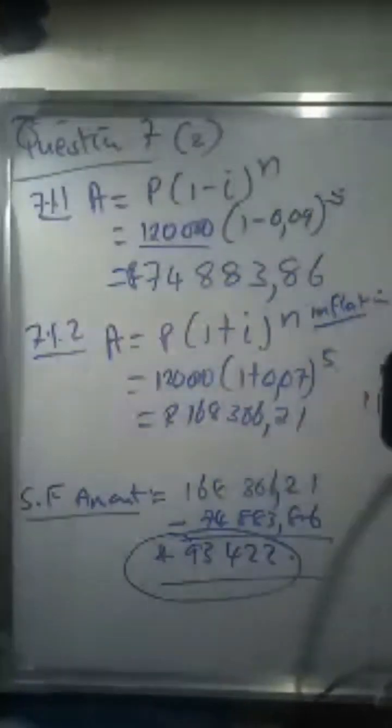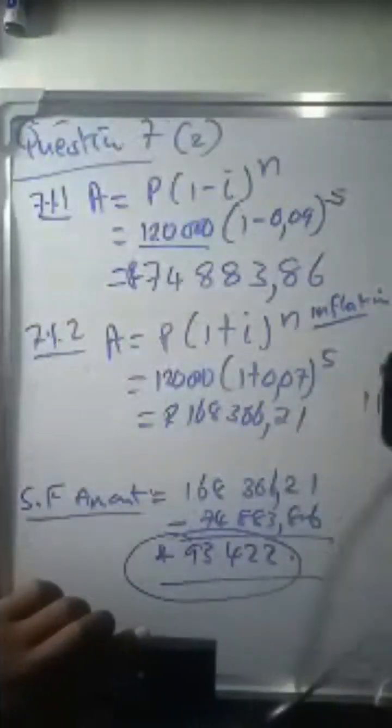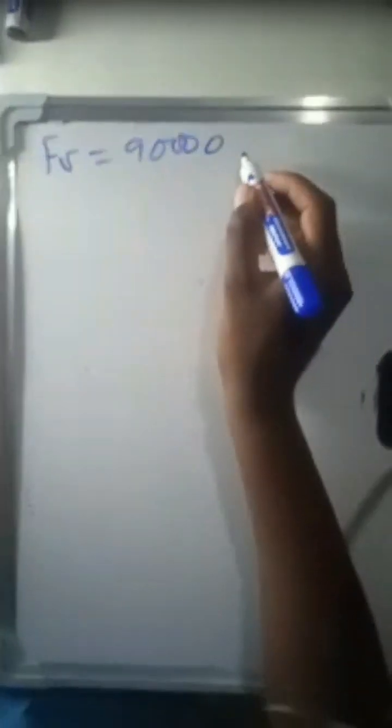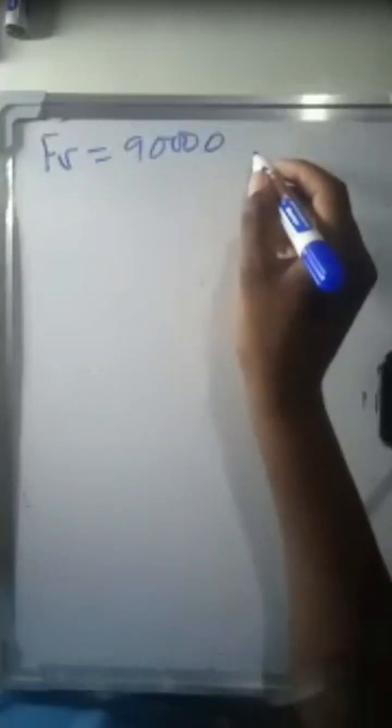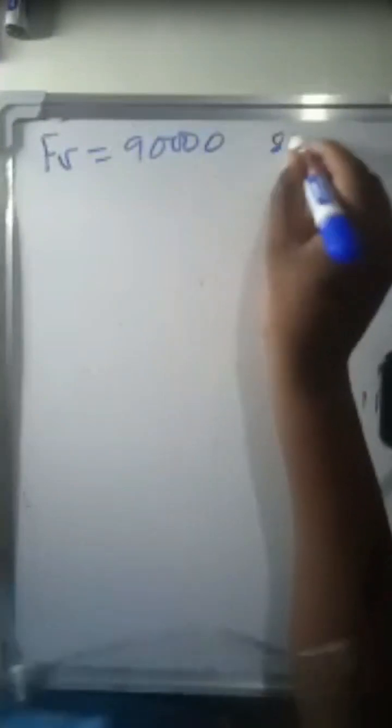They made a typing error there. Okay, into the sinking fund. Okay, so what are we saying? We are saying the future value that is needed is 90,000. Right? Okay. Interest rate is given as 8.5, then monthly.